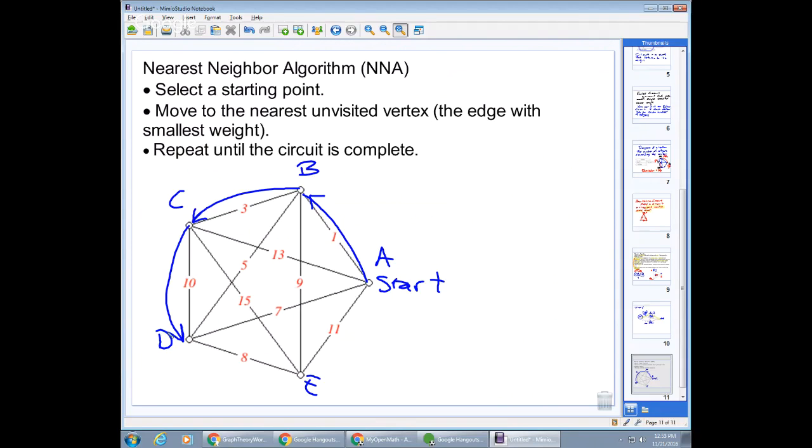It's got to be 8, because if I try the 7, A is already visited, and it has to be an unvisited one. And then here, I want to get back where I started, so I have to go over there. The way we write down a circuit is to list the letters in order. So our circuit here would be A, B, C, D, E, A, because I'm making a circuit, I have to end where I started. That's how I would describe the circuit to somebody.